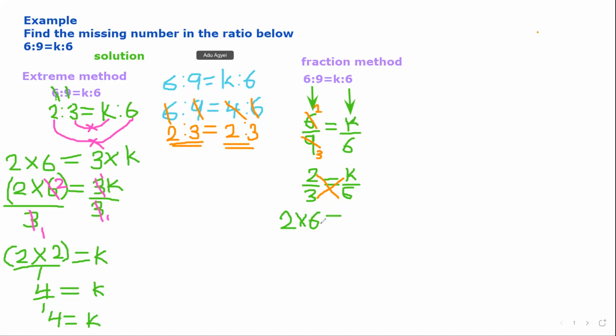It must be equal to 3 multiplying the k. Then 2 times 6, let's assume that we don't know, so you put them in a bracket. Now we have the 2 times 6 in a bracket is equal to 3k.